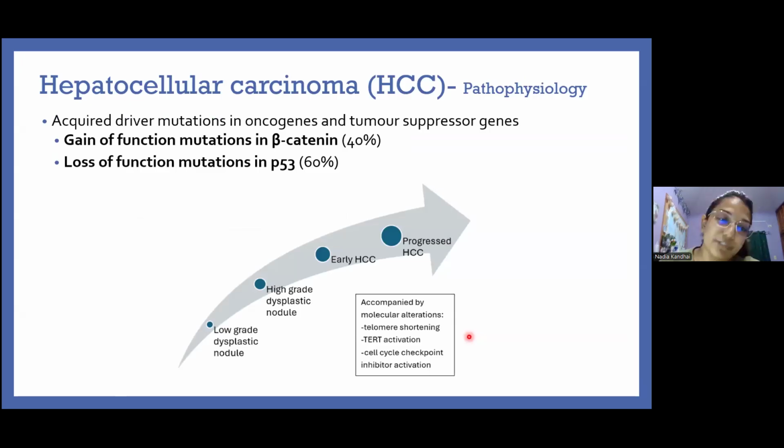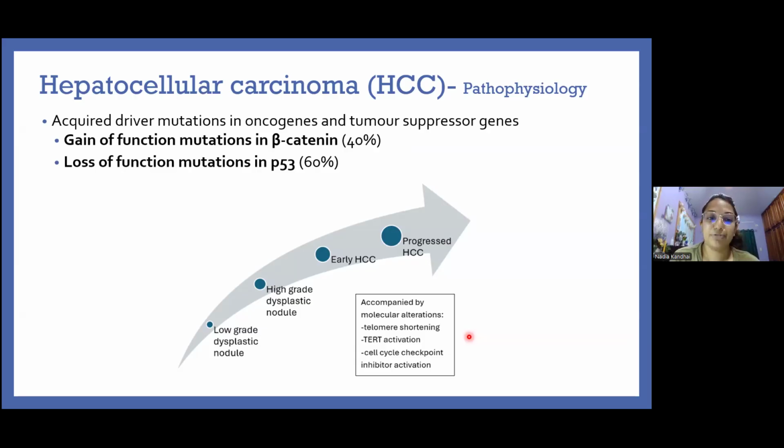The pathophysiology of hepatocellular carcinoma involves a stepwise process accompanied by accumulation of molecular alterations. So it starts with the low-grade dysplastic nodule from prior, advances to high-grade dysplastic nodule, early hepatocellular carcinoma, and then progressed hepatocellular carcinoma.